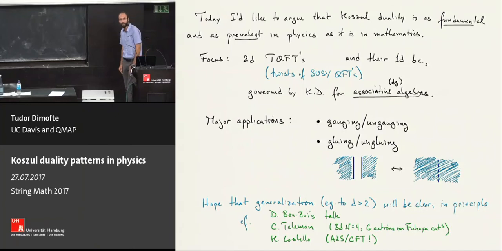David Ben-Zvi's talk on his work with Sam Gunningham talked about a version of Koszul duality in 4 dimensions. Konstantin Teleman, in the last few years, has been developing this concept in Rozansky-Witten theory. And Kevin had some recent work saying that Koszul duality is actually fundamental in AdS/CFT.